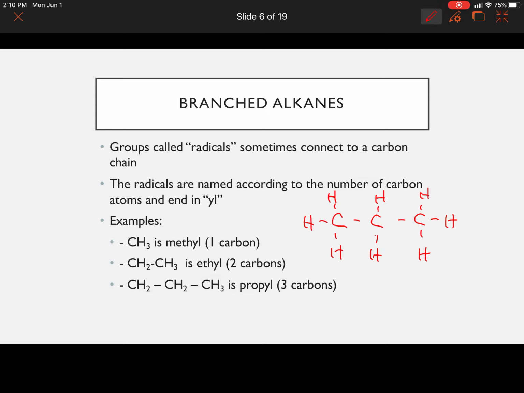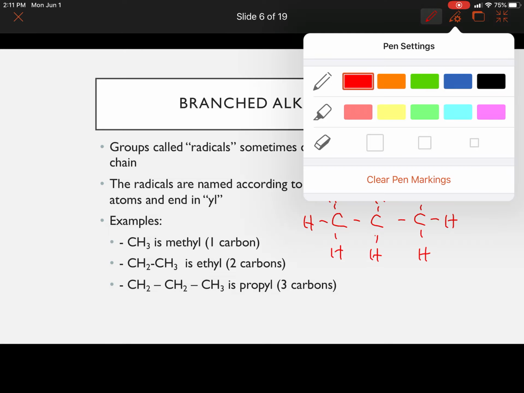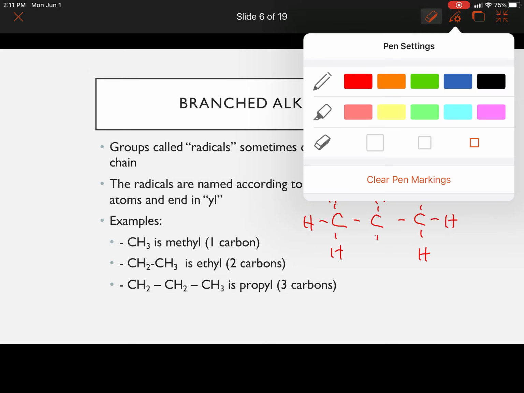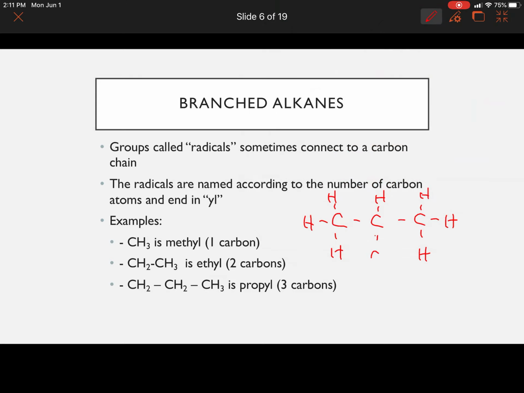So what you need to consider is when one of these has something other than a hydrogen. So let's take that hydrogen off, and instead we are going to put another carbon.